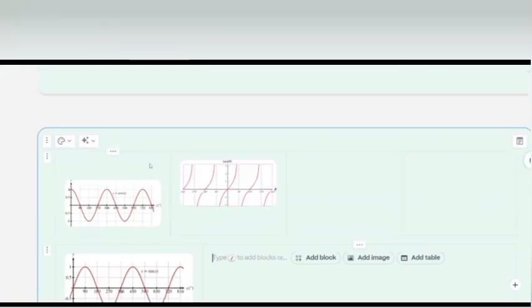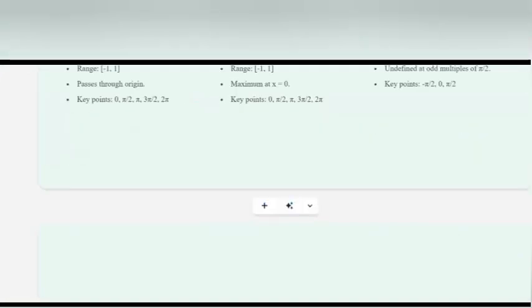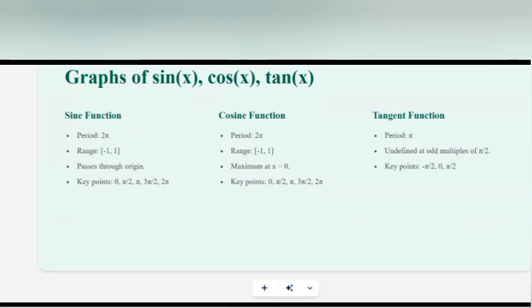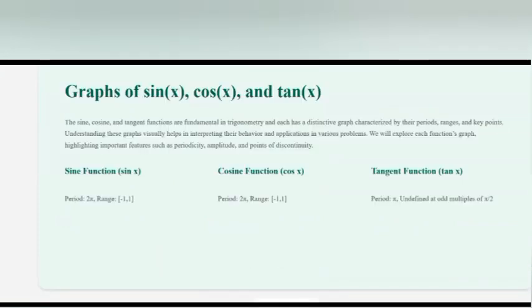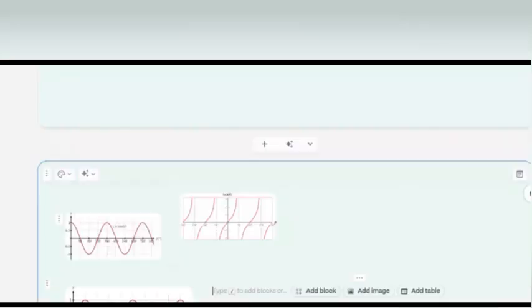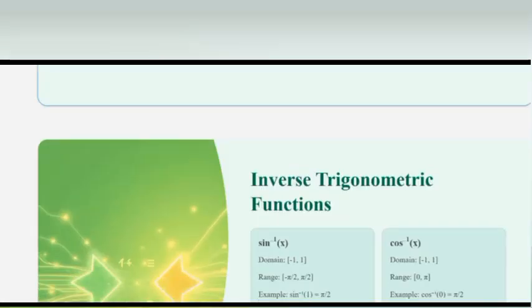These are the utility things that you should pick up from what we are learning here, so that you can apply them from now on. So we've looked at the graphs, how they are distinct, their ranges and key points. Those are the characteristics of the trigonometric functions, sine, cos, and tan.